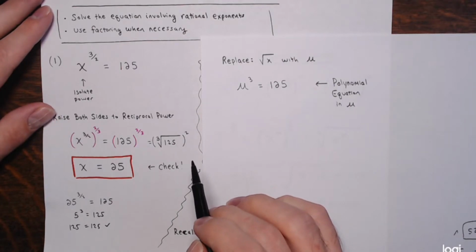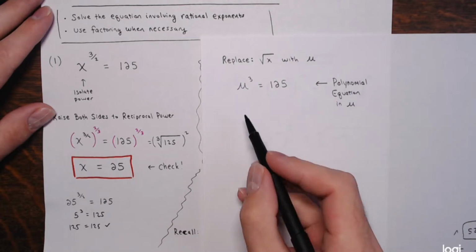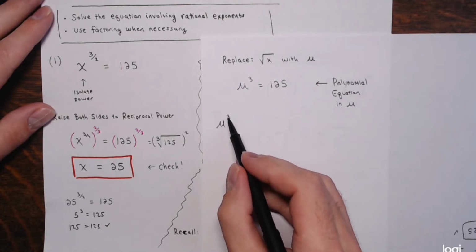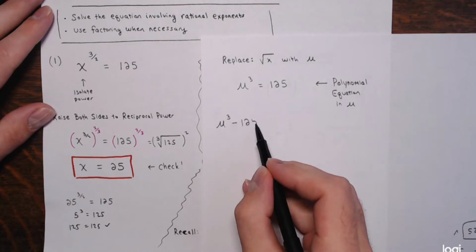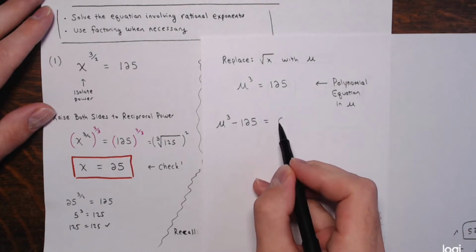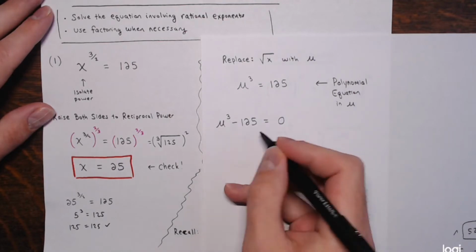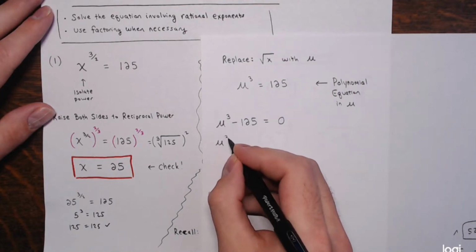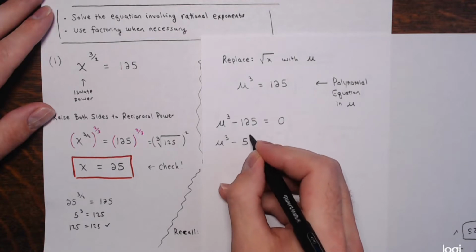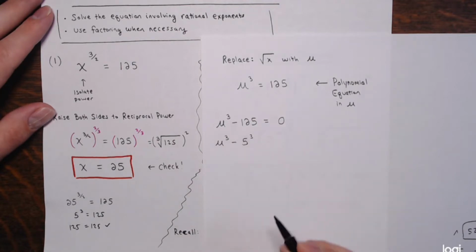And you know how you would normally solve polynomial equations, right? You take everything to one side, 0 on the other. So I have u cubed minus 125 equals 0, which this left side is u cubed minus 5 cubed, right? 125 is 5 cubed.